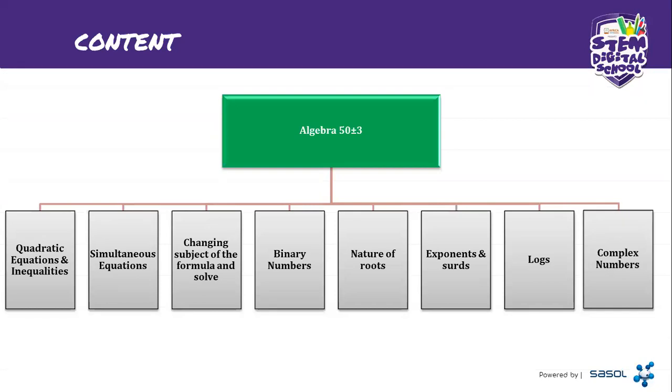So let us make sure we also revise binary numbers. And then also the nature of roots, and then exponents and sets, logs, and the last one, complex numbers. These are the topics under algebra that need to be revised before we start writing paper 1.